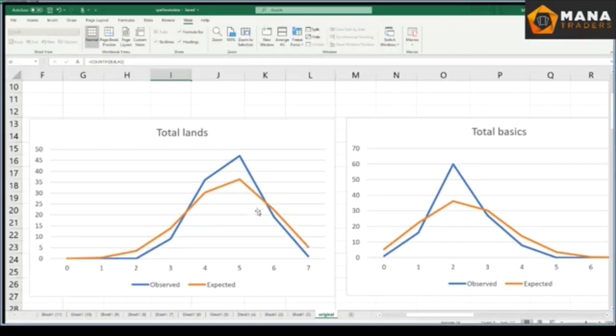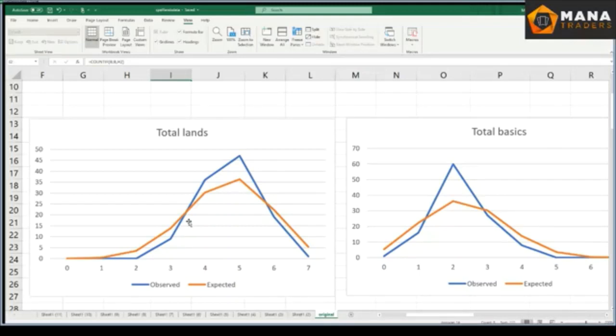If we're looking at just the total lands, we can see the squeezing that we expect from the hand selector. It's squeezing the distribution to the middle, to the average, which in this case should be 4.66. So nothing exciting here. This is what we expect.